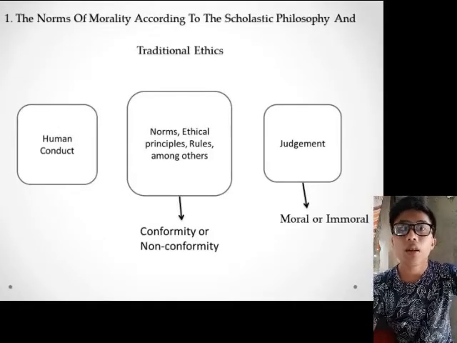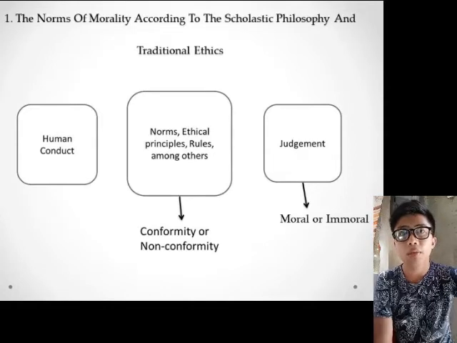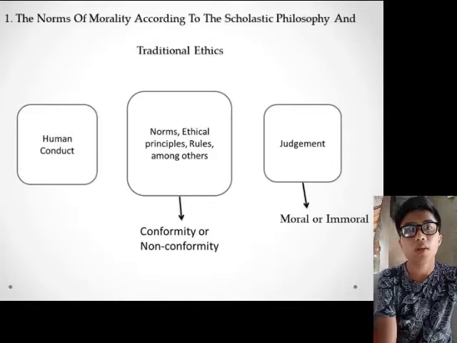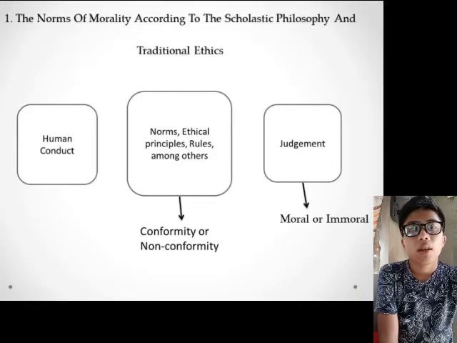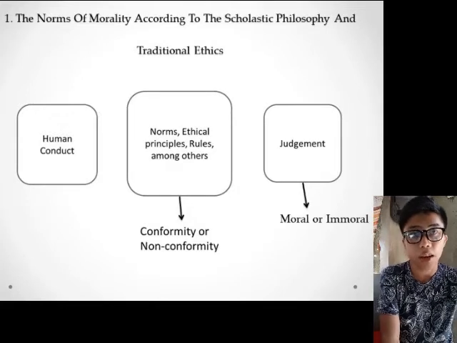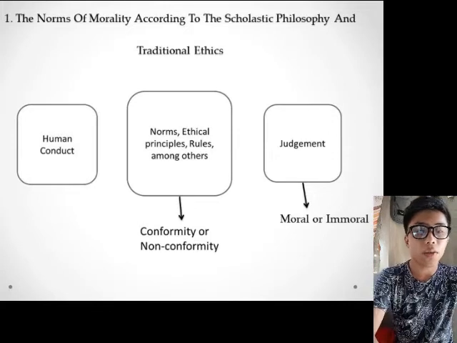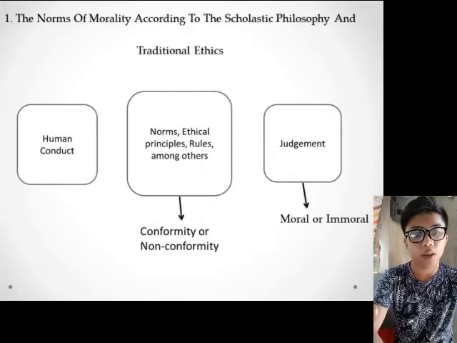So the first normative ethical theory is the norms of morality according to the scholastic philosophy and traditional ethics. As you can see, this is evaluating human conduct in our business decision making. Human conduct is measured against norms, ethical principles, rules, among others, in terms of conformity or non-conformity.